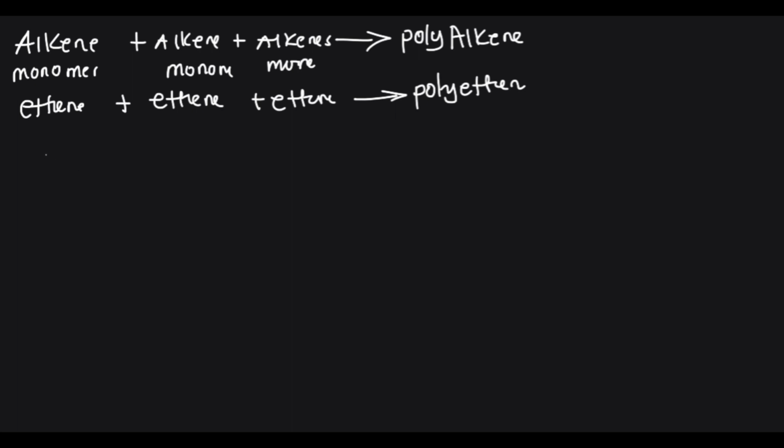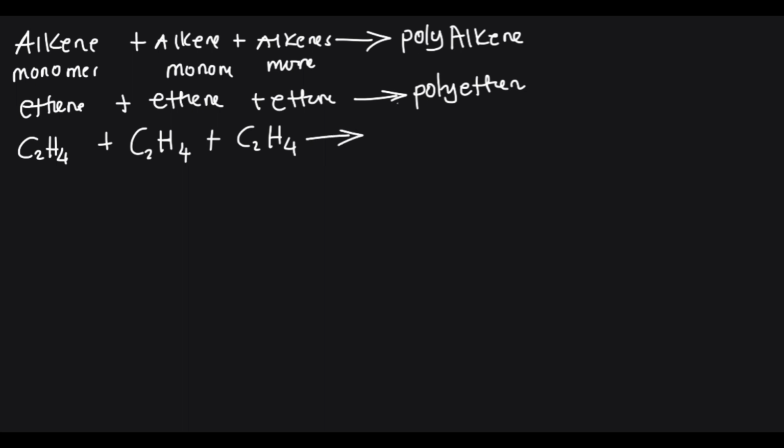Now for the chemical equation, so you can see the pattern. I'm beginning with the word equation, the chemical equation, and the structural equation, so that you may have a picture of what is happening here. So the chemical equation is C2H4 plus C2H4 plus C2H4.